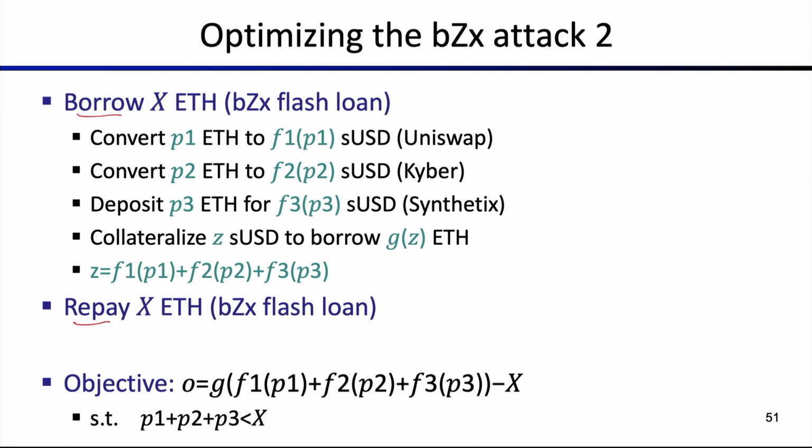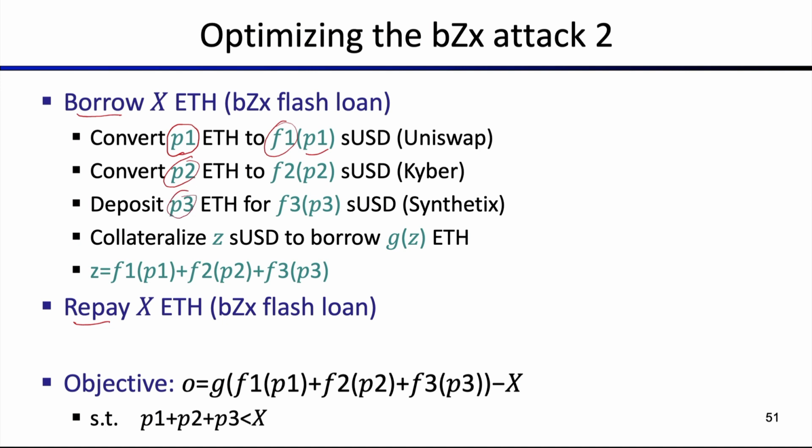So what's being done in the first step is that we have a parameter 1. We don't know how many ether we want to provide to Uniswap, right? So there's a certain function of this P1 of SUSD that we want. The second parameter here is how much ether are we going to contribute to Kyber. So you remember Uniswap and Kyber together are the price oracle for BZX.